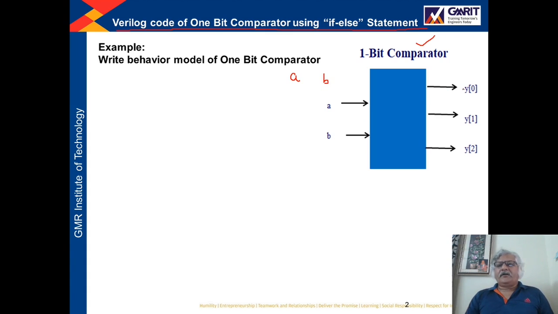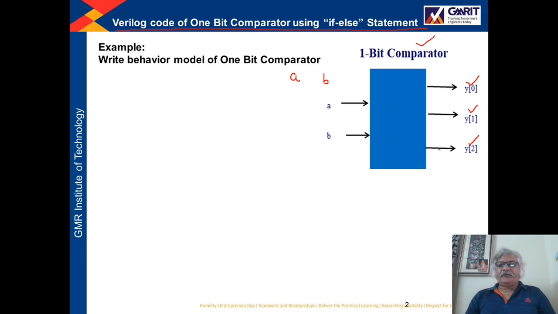Depending upon the numbers, there are three outputs of this comparator. One is Y0, the second output is Y1, and the third output is Y2.